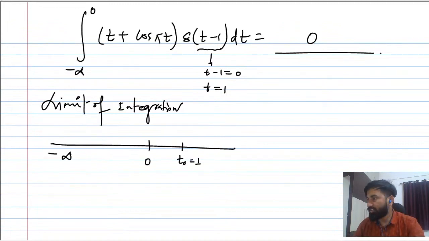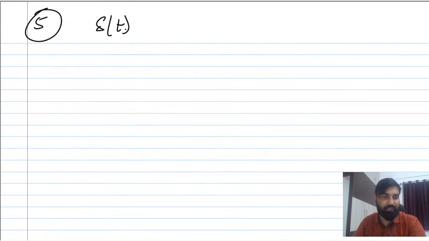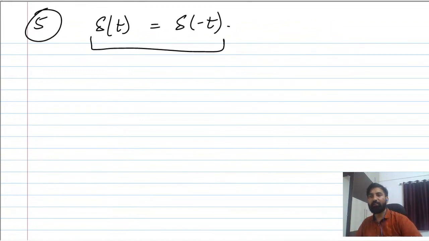One more question I'm giving you now. There is one more property. In fact, let me write the property: the impulse function is an even function. You can say delta of t can be written as delta of minus t. Both are the same. Impulse function is a kind of even function, delta of t equal to delta of minus t.